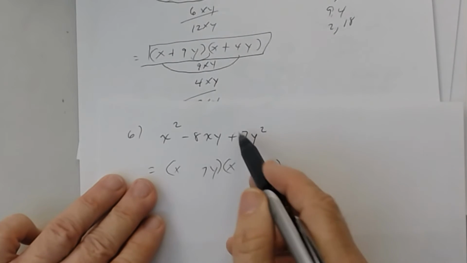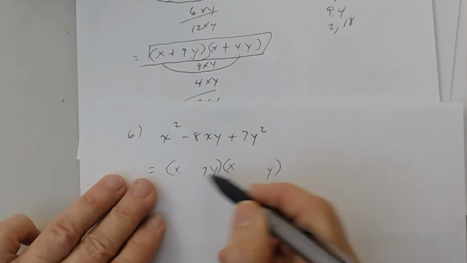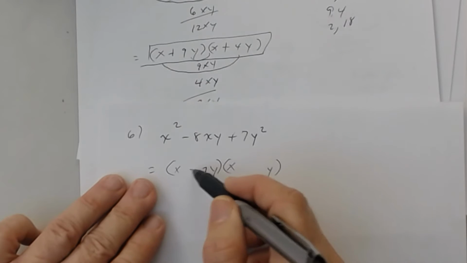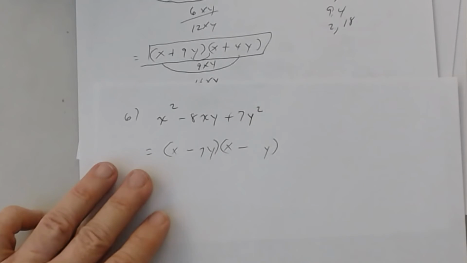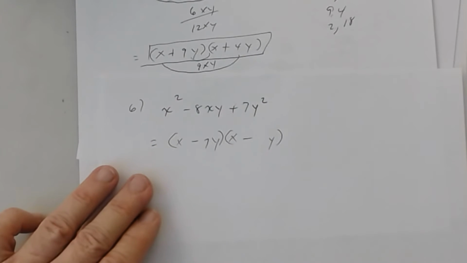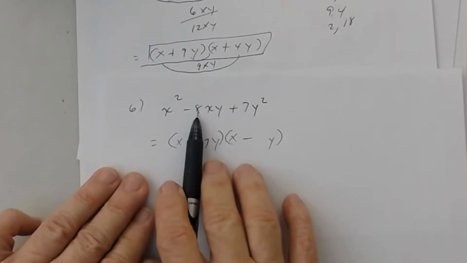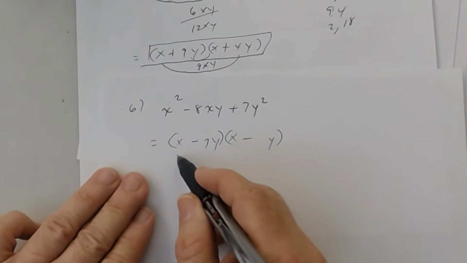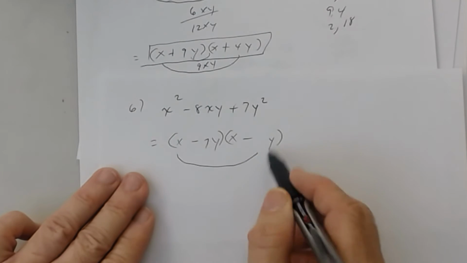All right. Now the last sign's positive. What does that mean by these signs in here? They're the same and they're both negative. Good. You know they can't be both positive because if you do the out and the inner, you're going to get a positive middle term. What kind of middle term do I want? Negative. All right, check. What's the outer? What's x times a negative y?